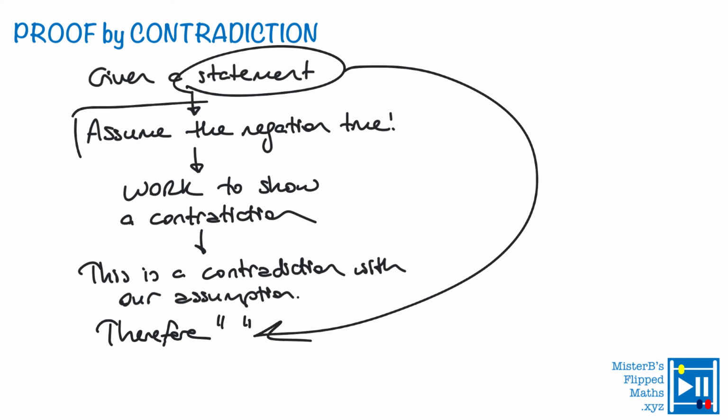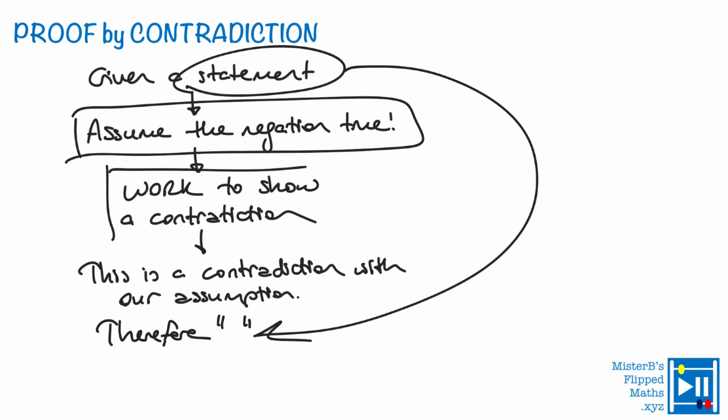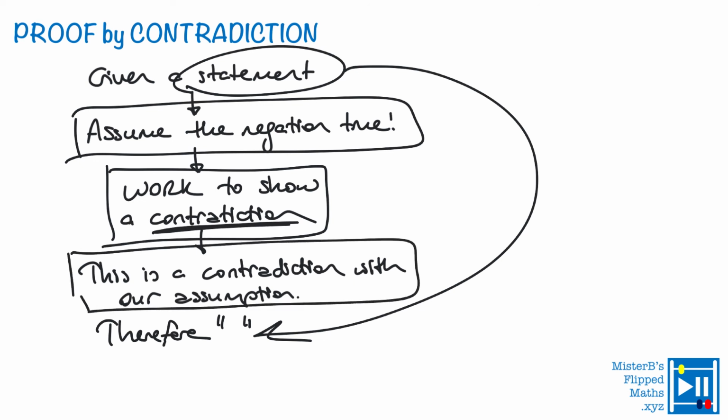So you assume the negation to be true, then you show some work to show the contradiction, and you just write this sentence. After that follows the therefore statement. And basically this is how you use proof by contradiction to prove statements.